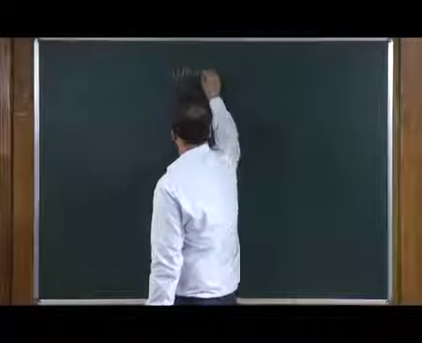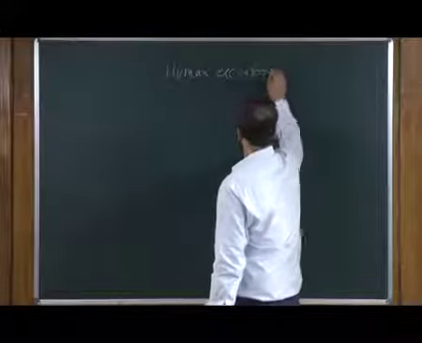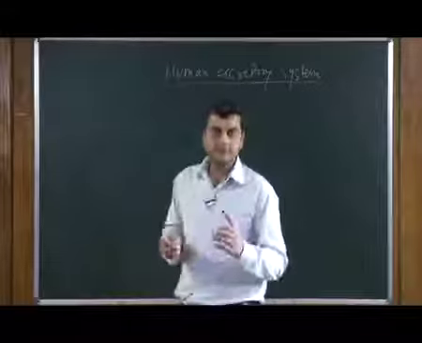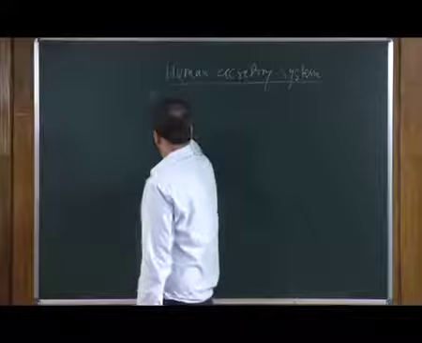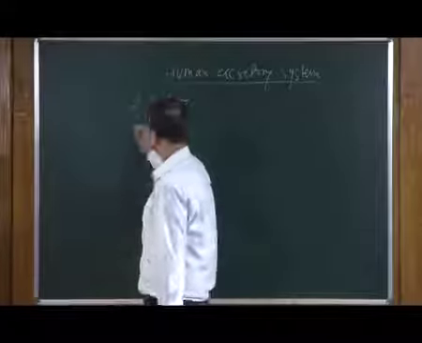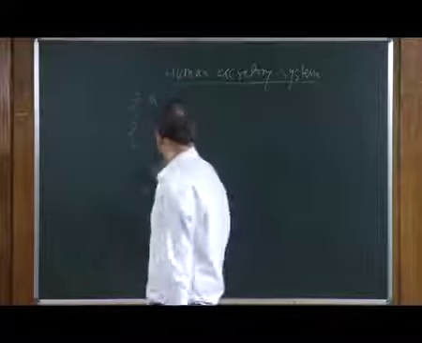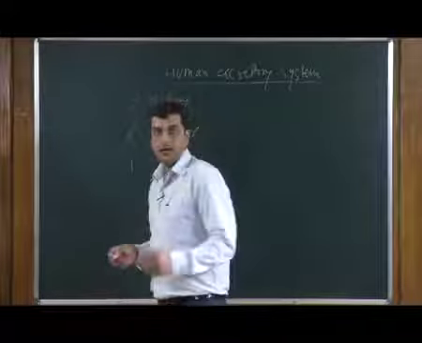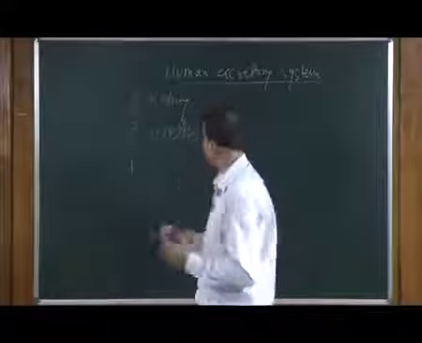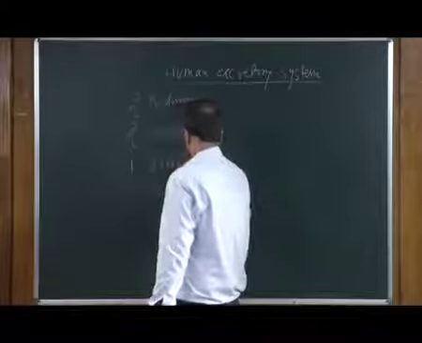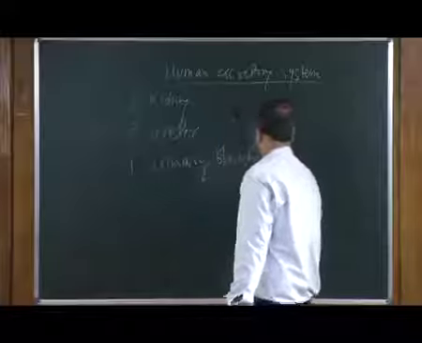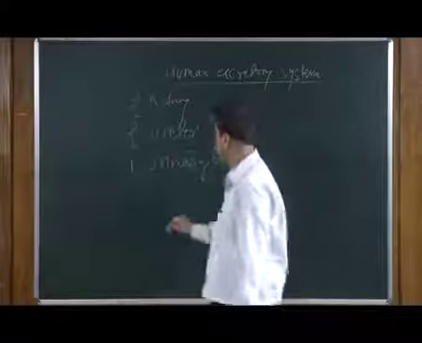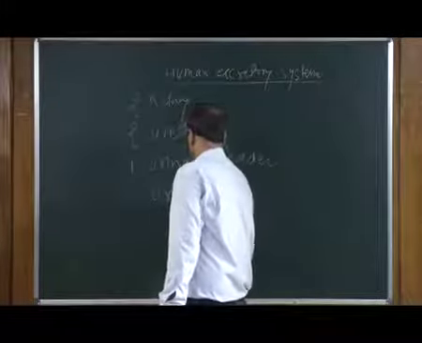Let's see the human excretory system as such. The human excretory system comprises a pair of kidneys, a pair of ducts we call ureters, a bladder where the urine is stored, which we call the urinary bladder, and a final opening that gives specific drainage to the urine, and that is the urethra.